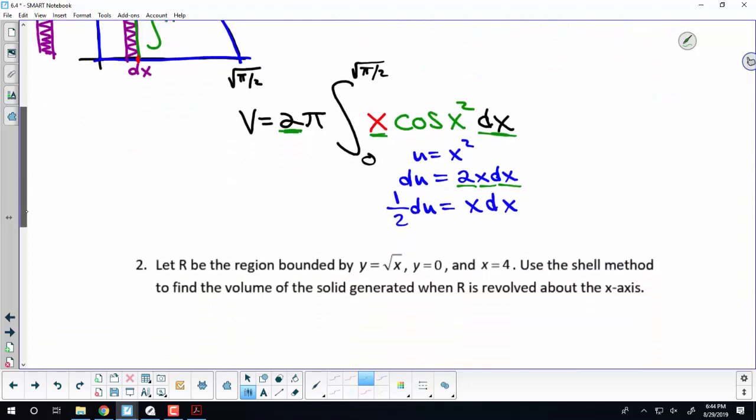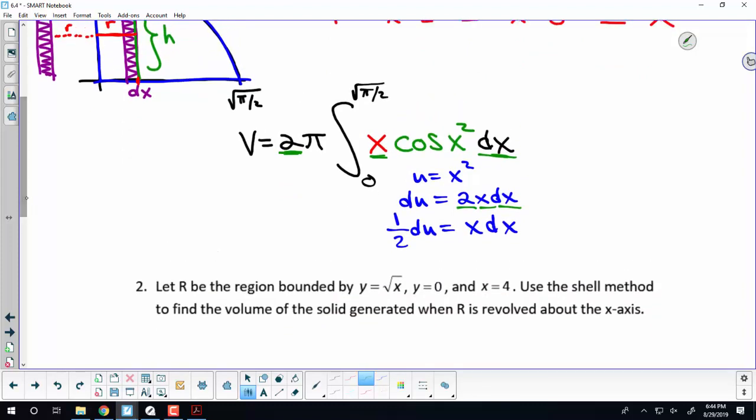It's really a matter of preference, I think. Anyhow, if we put the 1/2 in there, we see that it cancels with that 2, right? So either way, the 2's gone. We have pi times the integral of cosine u du.